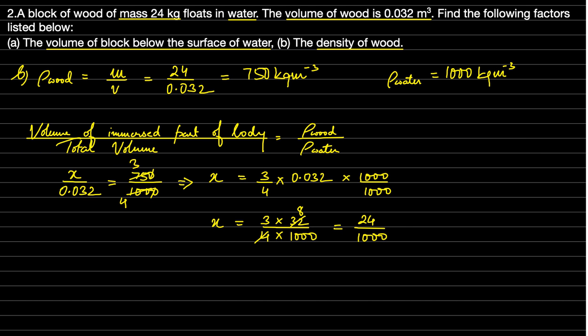We can directly write this as 0.024, and since this is volume, it's going to be in meter cube. So the volume of the block below the surface of water happens to be 0.024 meter cube, and the density of wood happens to be 750 kg per meter cube.